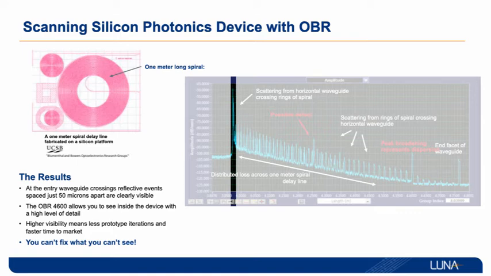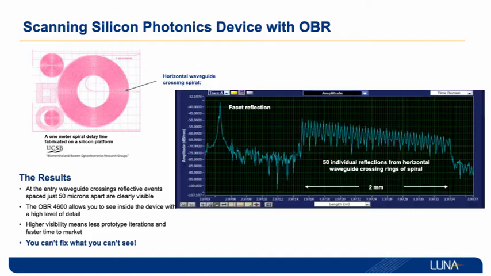So this is about 3.5 millimeters zoomed in to what looked like one reflection, and it's actually a facet reflection there on the left. So that's the input coupling. And then there's waveguide scatter. And then you get a 2 millimeter section where you see about 50 individual scattering events. And that's where that input waveguide is actually crossing over all of the different spirals leading in.